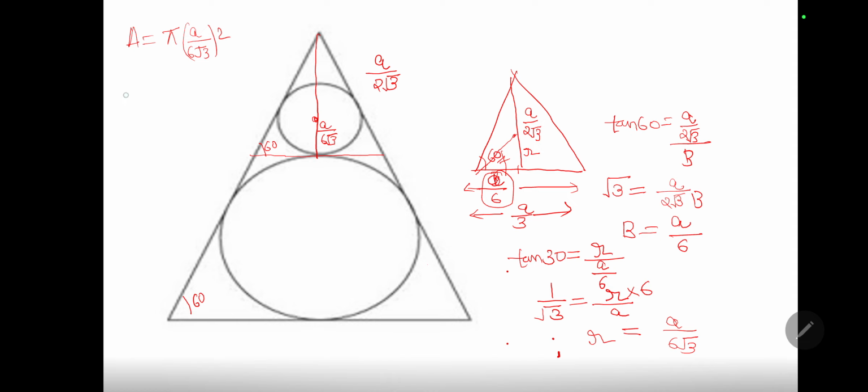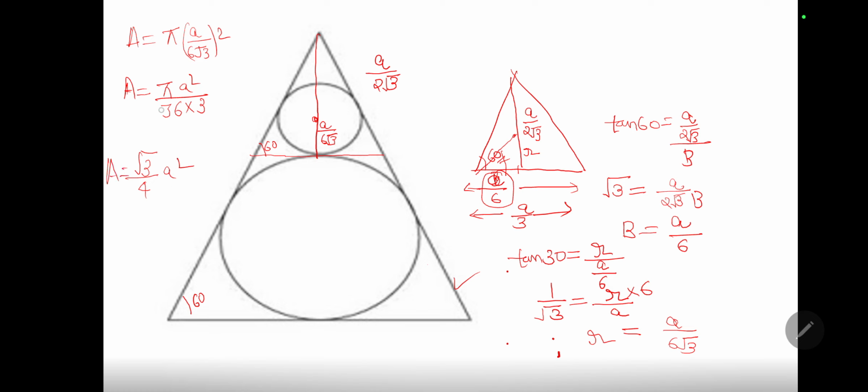So what will it become? Area is equal to pi a square upon 36 into 3. Okay, and what is the area of this larger triangle? So area of the larger triangle is equal to root 3 by 4 a square, which I calculated earlier.